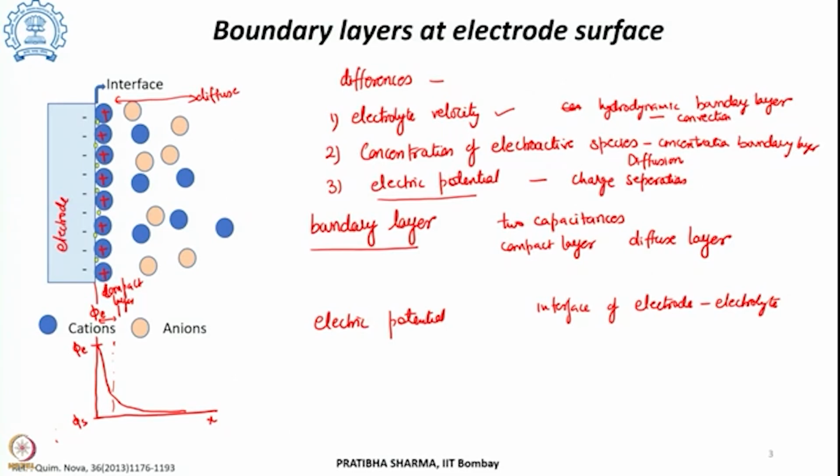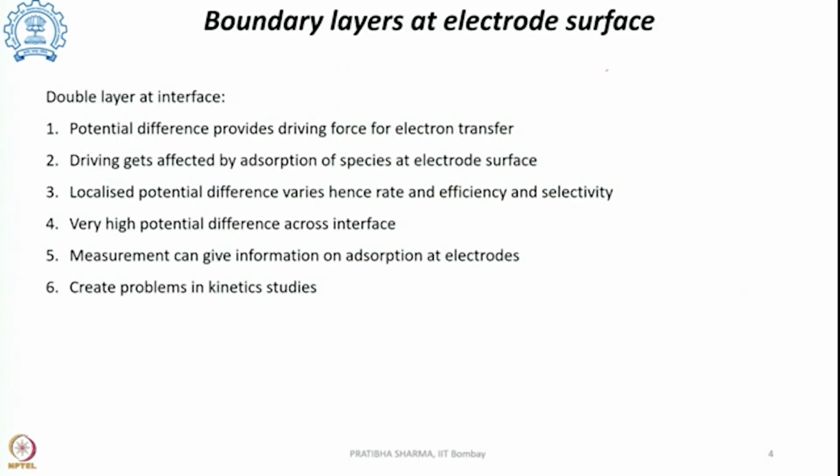Now when this difference in the potential phi E minus phi S exists, that double layer at the interface has several consequences. This potential difference provides the required driving force for the electron to transfer across the electrodes, and that driving force gets affected because of the adsorption of different species at the electrode surface.